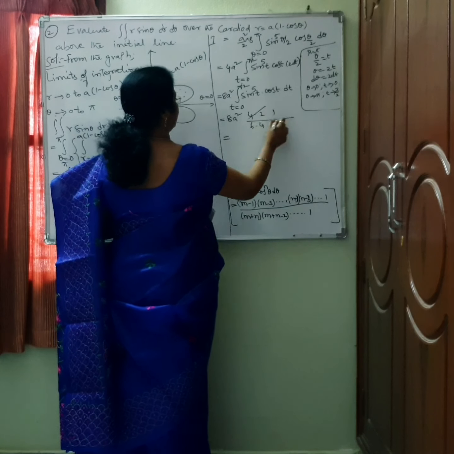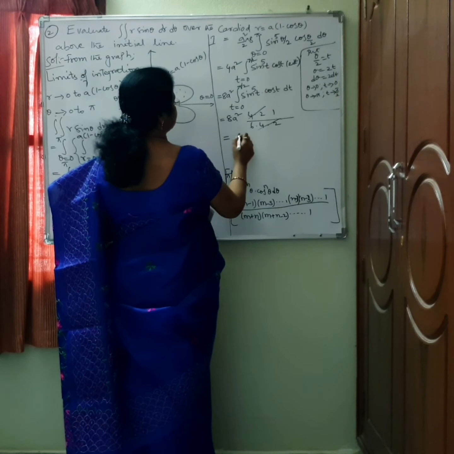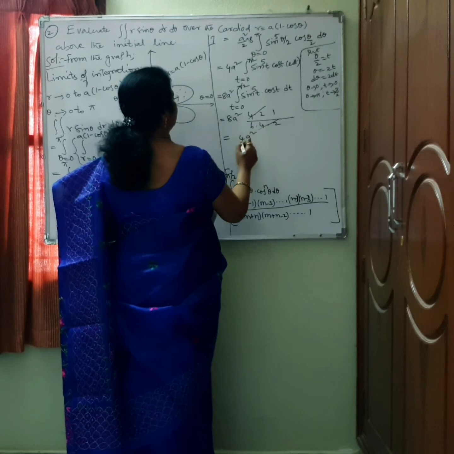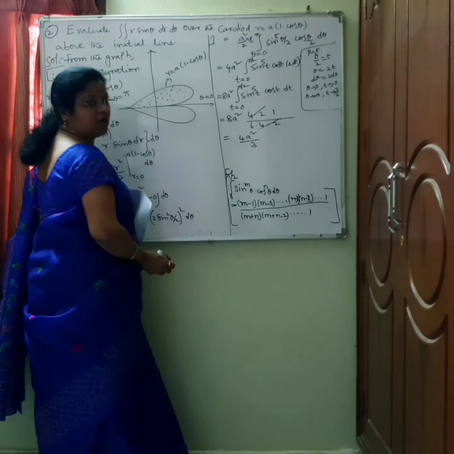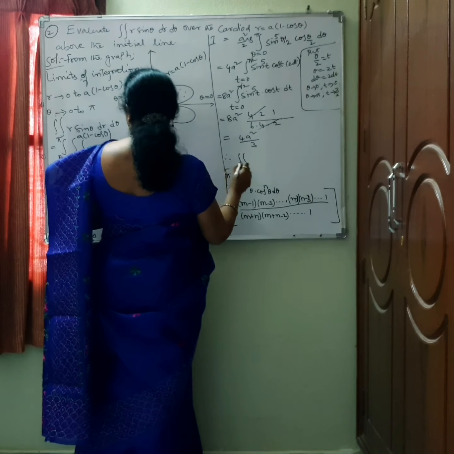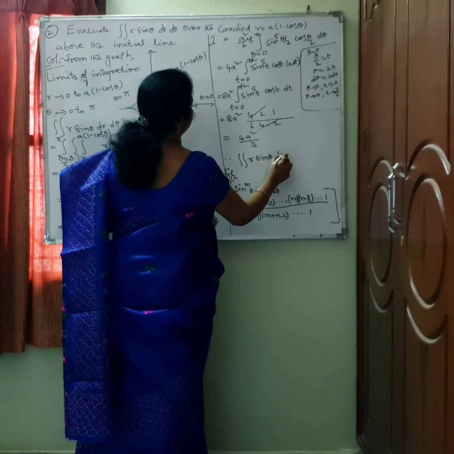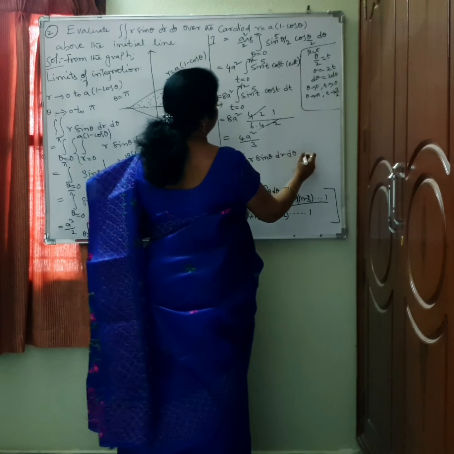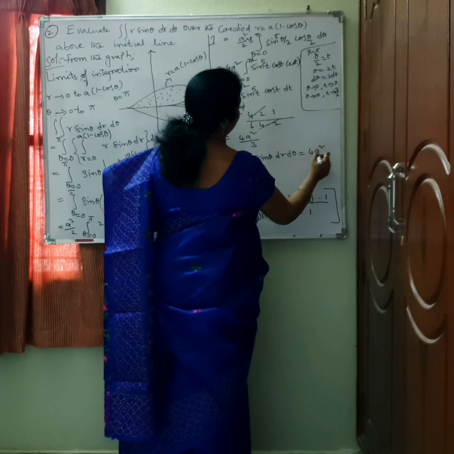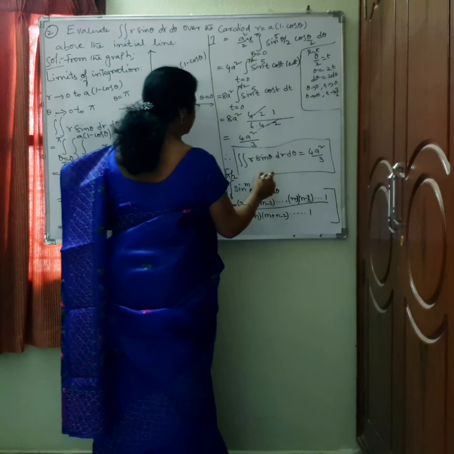So 4 into 2 will get cancelled. 8a square by 6. 2 4s are 8, 2 3s are 6. So the answer is 4a square by 3. So the double integral of r sin theta dr d theta is now equal to 4a square by 3. This is the answer to the problem.